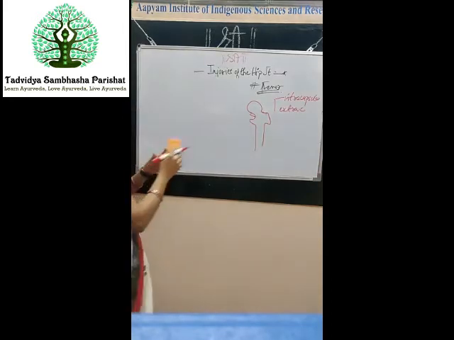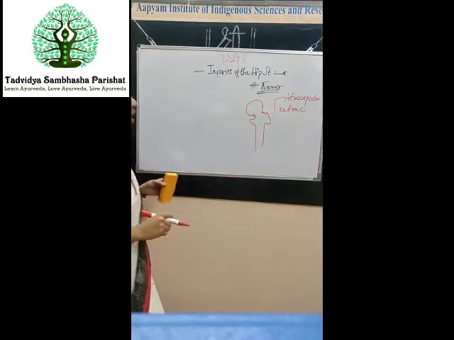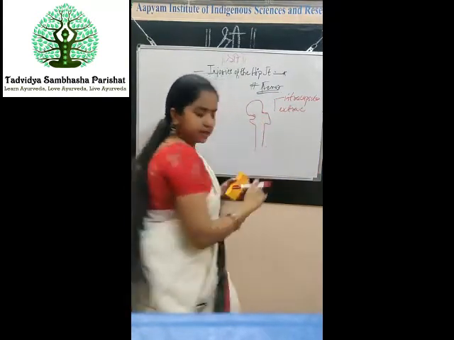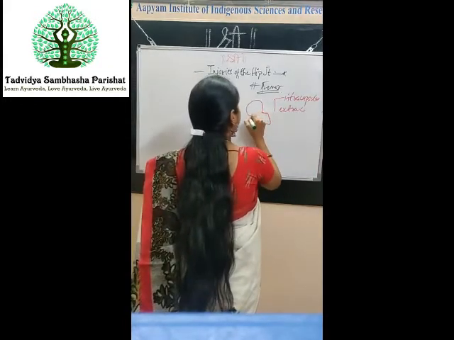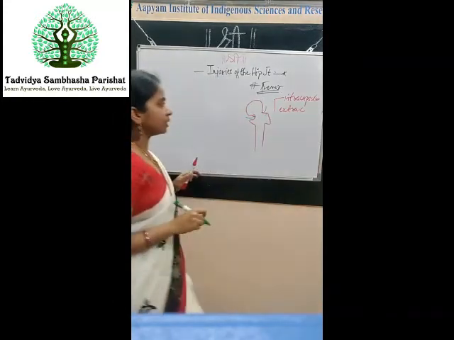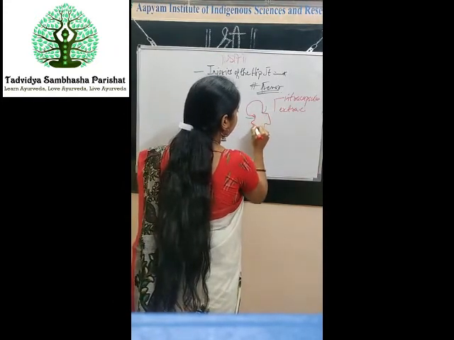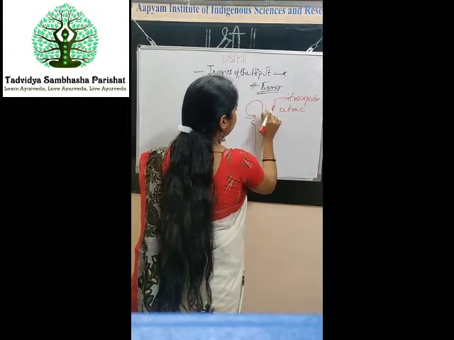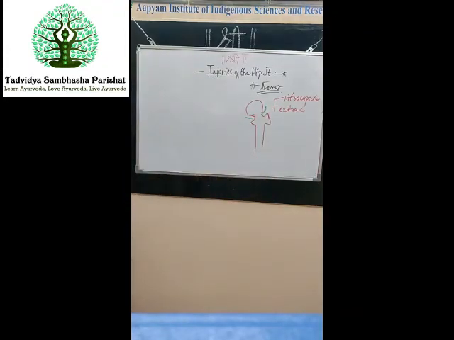Now what is intracapsular and extracapsular? This is the articular capsule that runs through and covers the joint. Okay, now it is more clear. So now we have it at the capsular end.